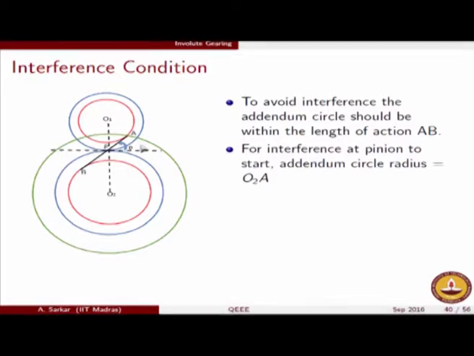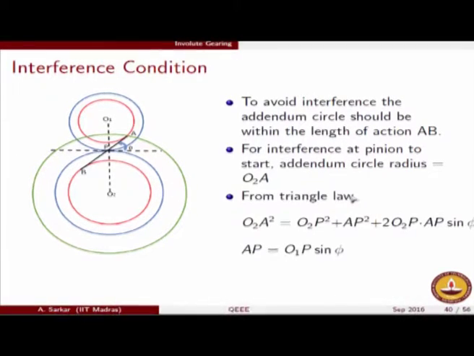This, in other words, tells us that our addendum circle on the wheel should be lesser than this green circle. If it is lesser, then you don't have any fear of interference. If it is equal to or greater than, then obviously you should be concerned about the prospect of interference occurring between these two gears.